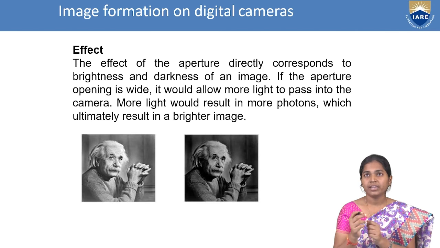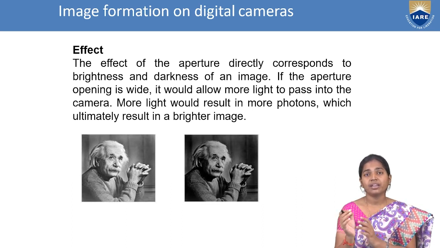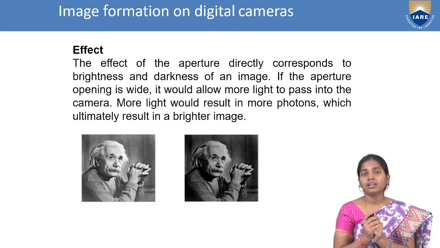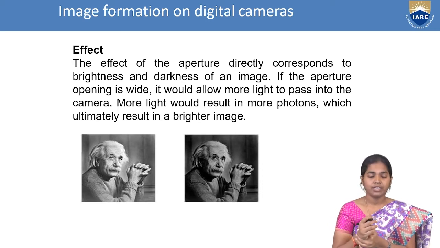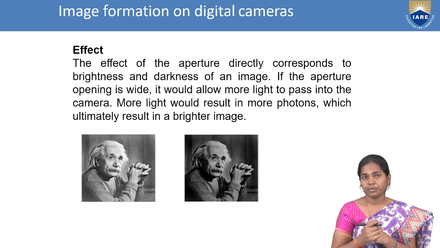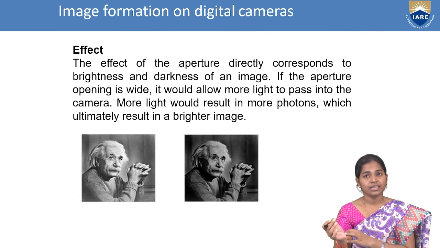If less light energy enters our camera, what will happen? Fewer sensors sense it, less output is produced, and the output image is dark. So depending on the aperture, if it is widely open, the image quality is good.